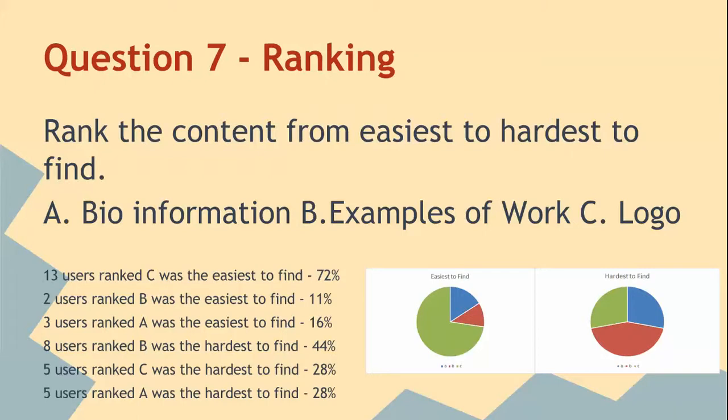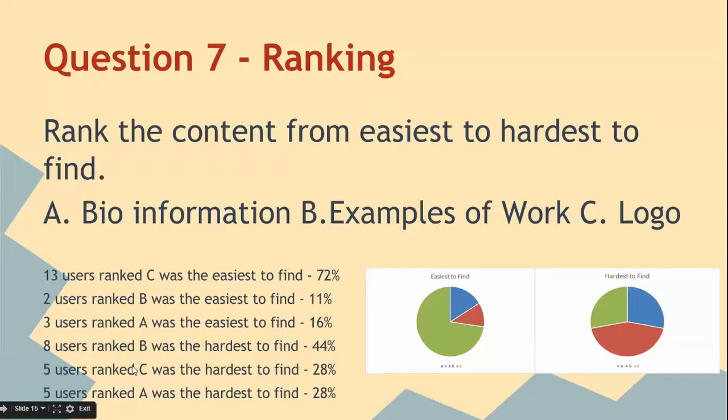Again, we're trying to find if they're able to find things on the site. Most of the people ranked that the logo was easiest to find, which was on the top of the page, and it was stationary on the website the entire time. So that's what I was hoping to find. And on the flip side, though, 28% also said that it was the hardest to find.